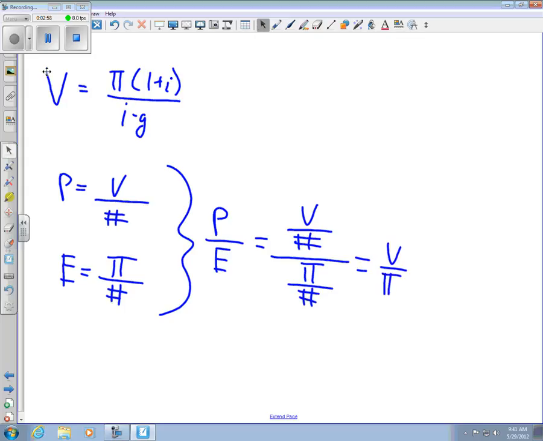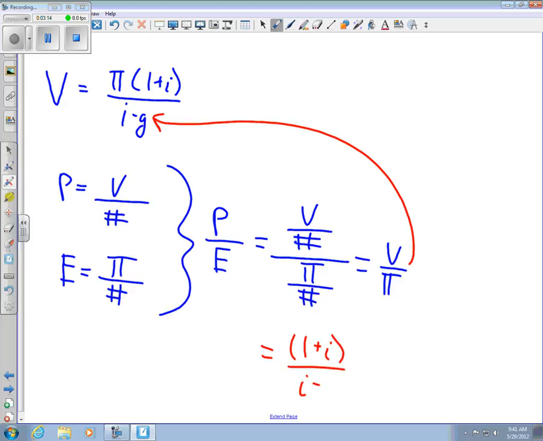But if you look back up here, you'll see that the profits are in the value, so that the PE, and this is idealistic, is 1 plus the interest rate over I minus G. That's what the price earnings ratio is telling you something about. It's the interest rate and the growth rate.